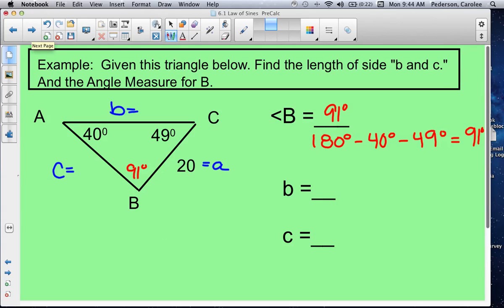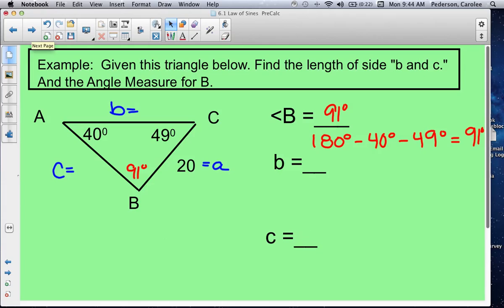Now let's find either side B or side C. How do we find side B or side C? Sine 40 over 20 equals sine of 91 over B. Okay, so we're going to use the law of sines.